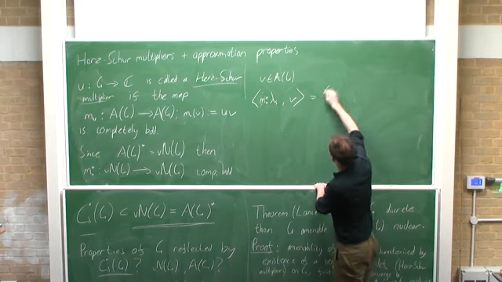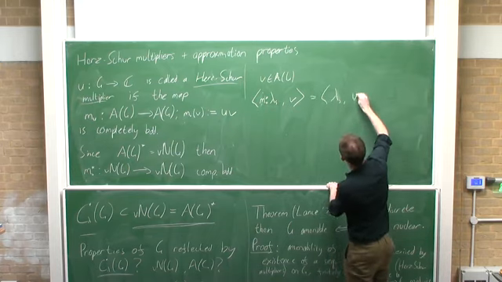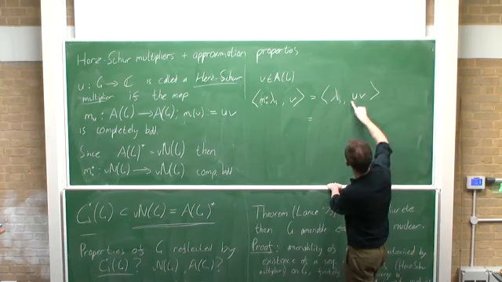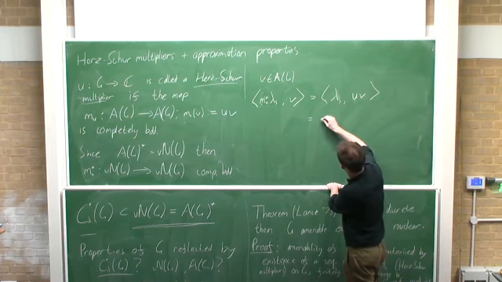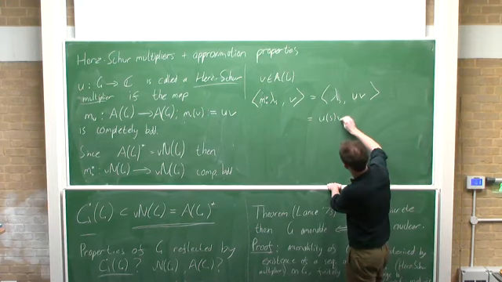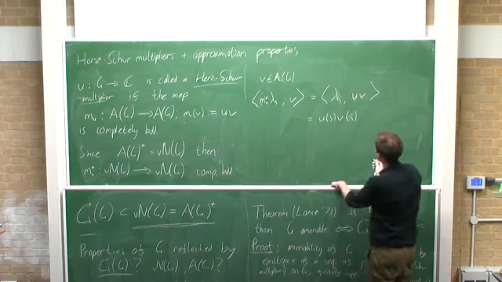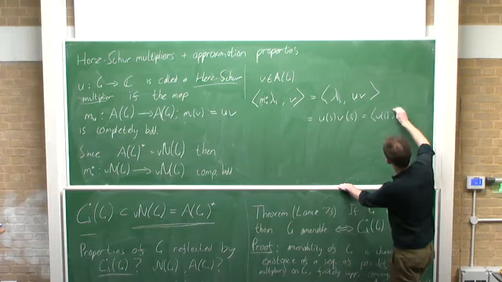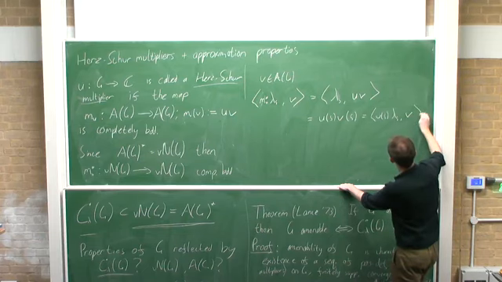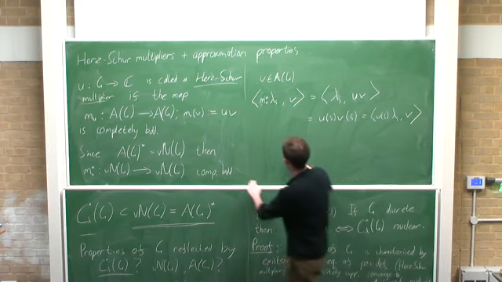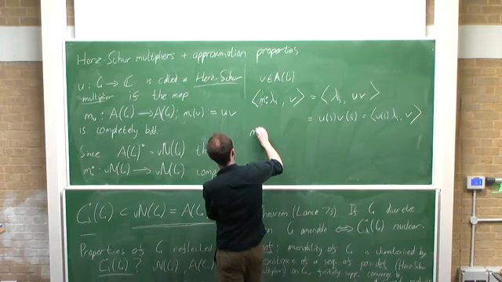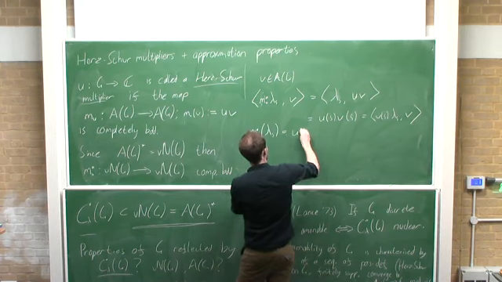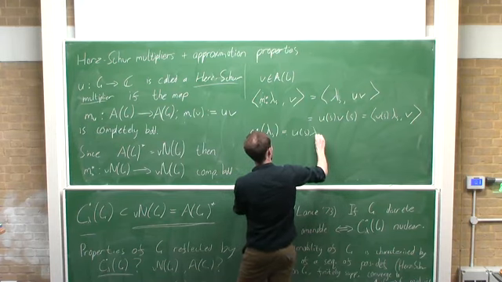And pairing with an element of A F G, we just get, and then by definition of the pairing here, this is u of s, p of s, which is just this. So in other words, u of s.